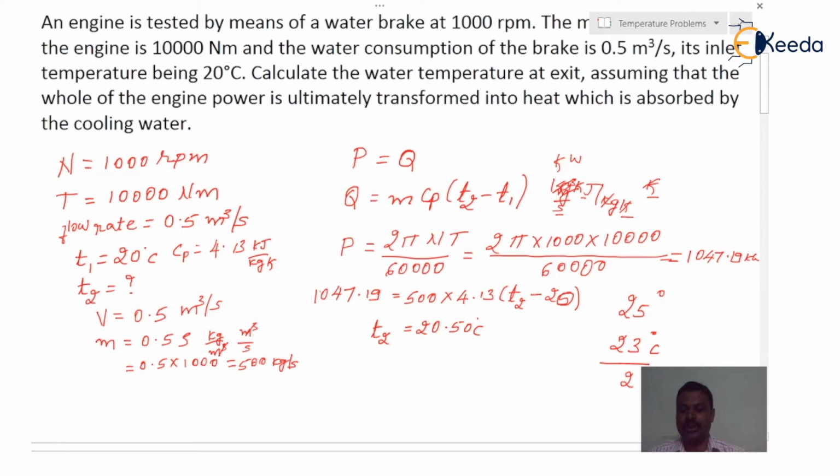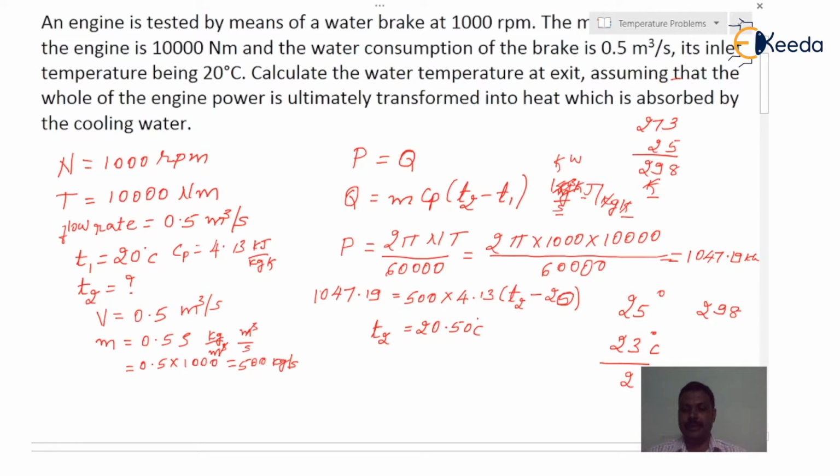Now let us convert this 25 degrees Celsius to Kelvin. We should add 273 to this 25 degrees Celsius. Then this becomes 273 plus 25, which is 298. 5 plus 3 is 8, 7 plus 2 is 9, so 298.